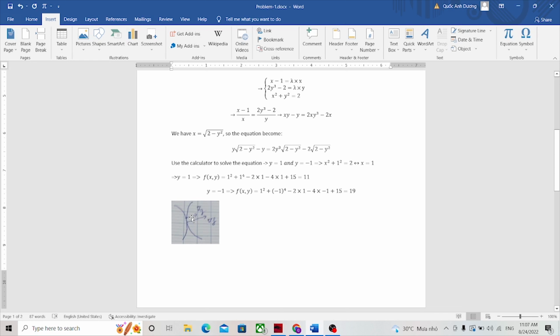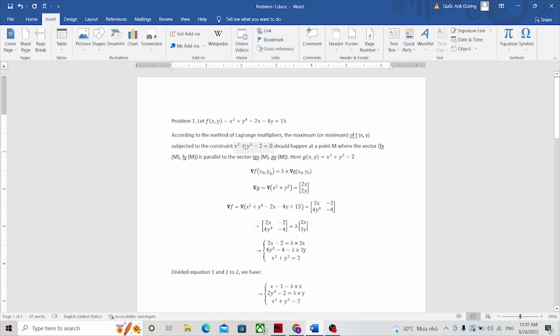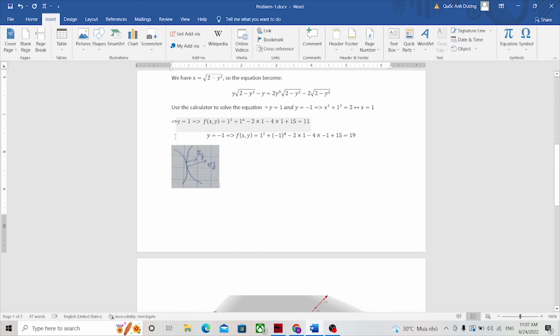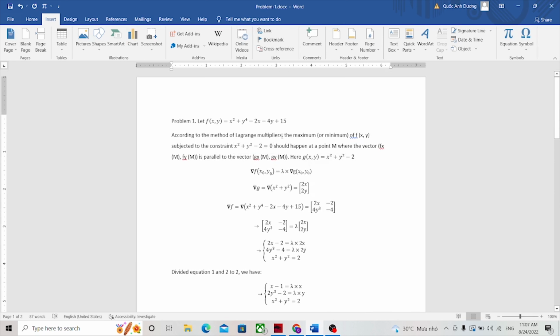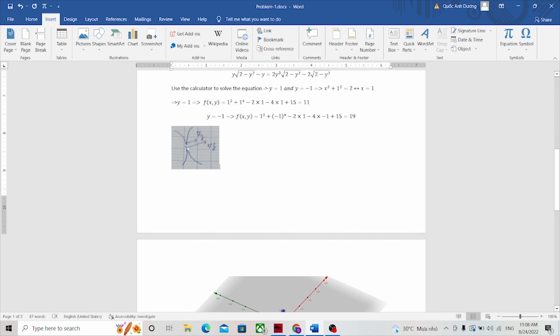Here we will see that in a similar area, where this function and this constraint meet, the gradient vector (fx, fy) and the gradient vector (gx, gy) are parallel to each other.